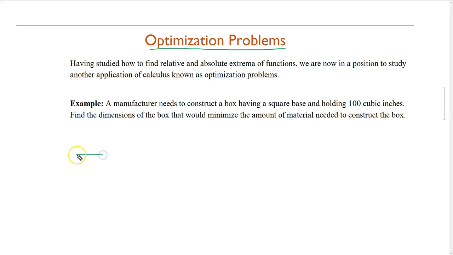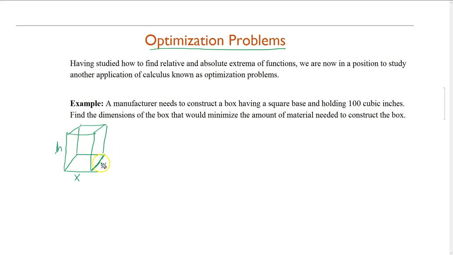So we want to construct a box with a square base. Let's label the base sides as X, and we'll call the height H.